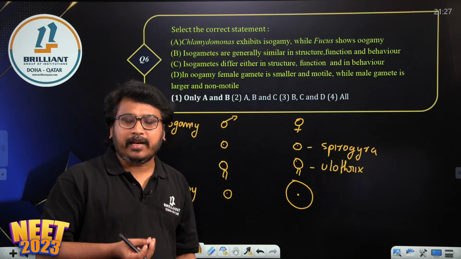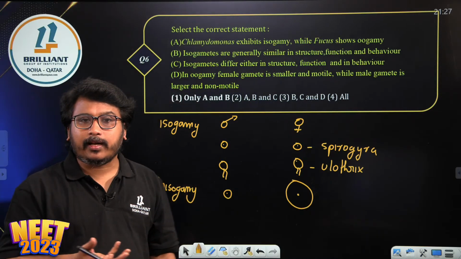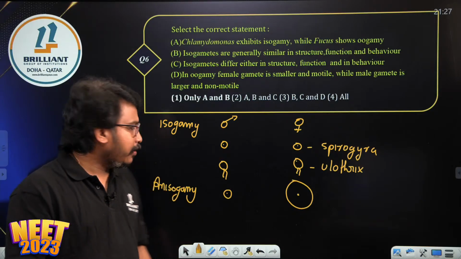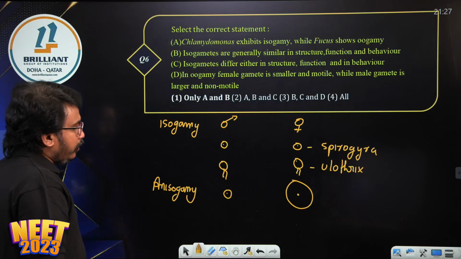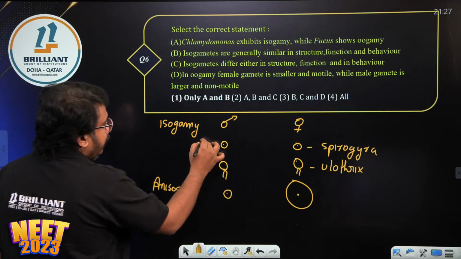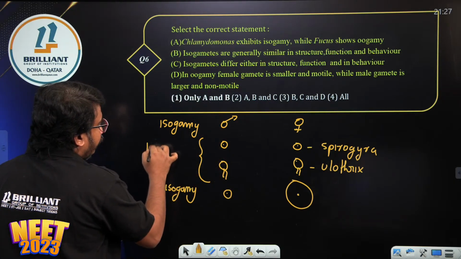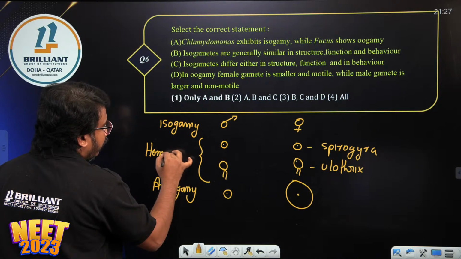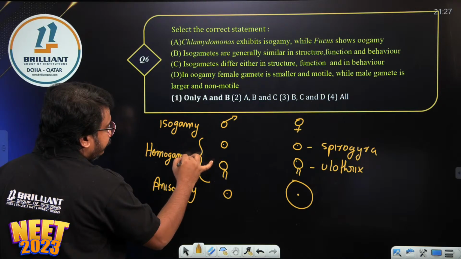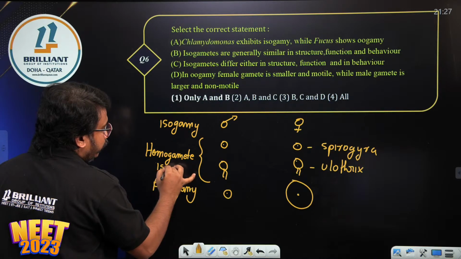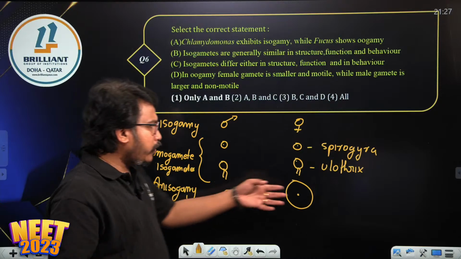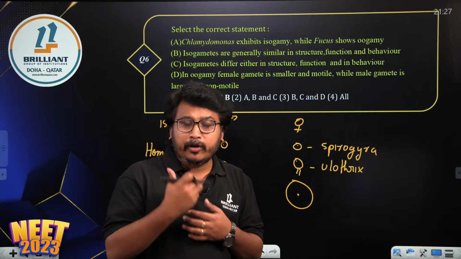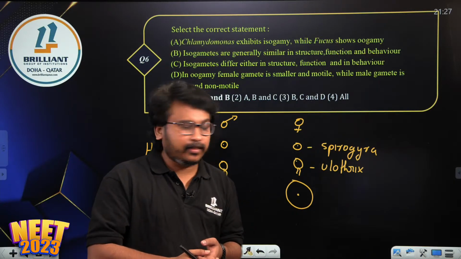They are dissimilar, either both motile or both non-motile. If they fuse, that is called anisogamy. Isogamy shows similar looking gametes, called homogametes or isogametes. Examples: Spirogyra, Ulothrix, certain species of Chlamydomonas.